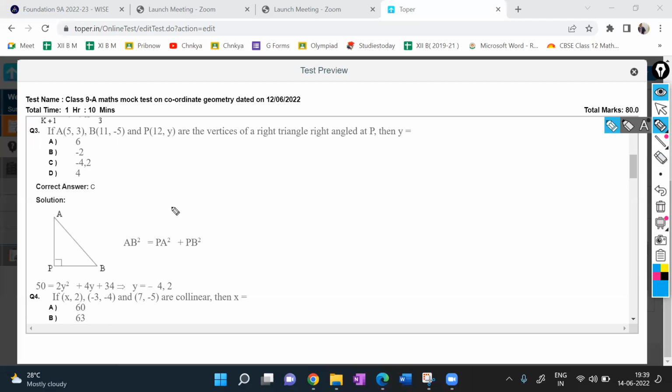Please try to respond. Lalit ji, are you here? Yes, sir. I didn't write because I didn't understand the part. Then you should have asked me at that time itself, right, Lalit? Yes, sir.